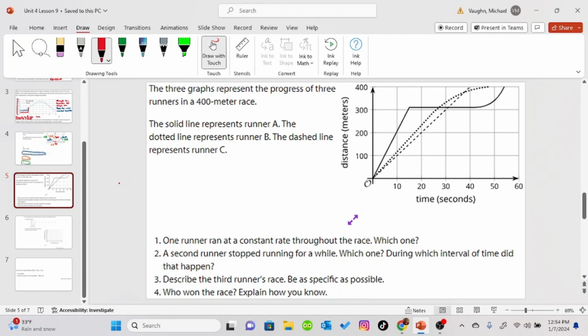A constant rate would give us a linear graph. That is the dashed line, which represents runner C. You can see that this dashed line has a consistent linear graph all the way to the end. So that means the answer to 1 is runner C.